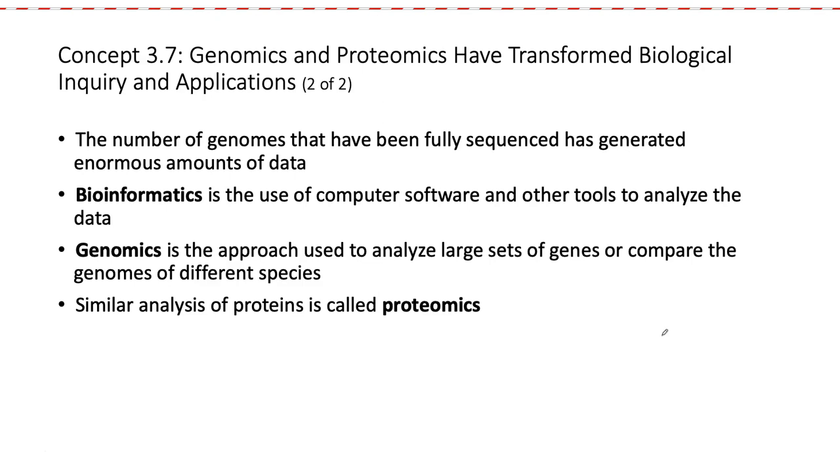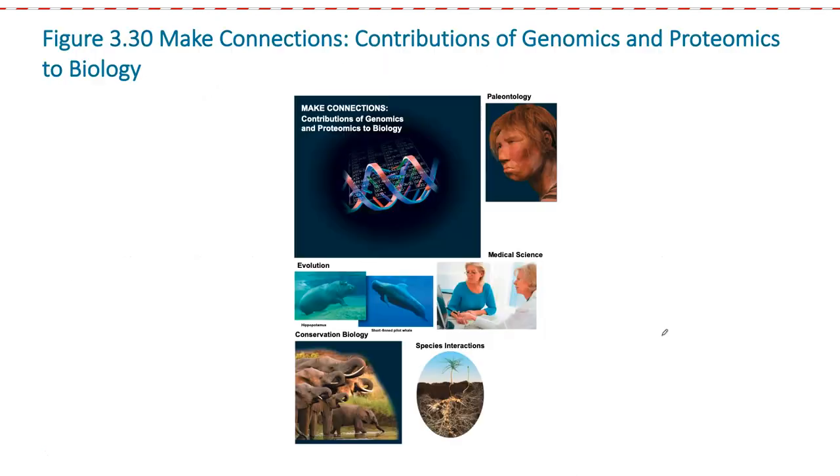And then there's a whole field of research called proteomics, and proteomics is the study of proteins. All of these things together make a really interesting field of study, and all of these things can be applied to many things, including paleontology, trying to figure out how much DNA from Neanderthals is found in humans, especially humans of European descent.